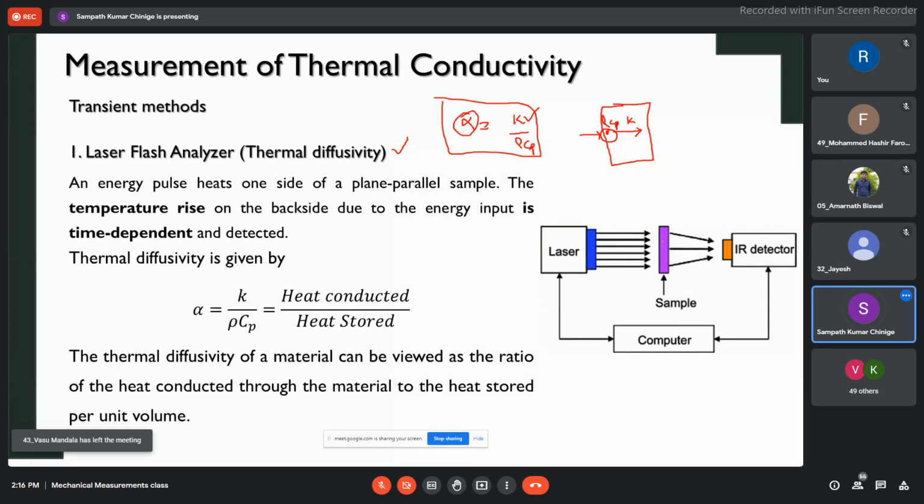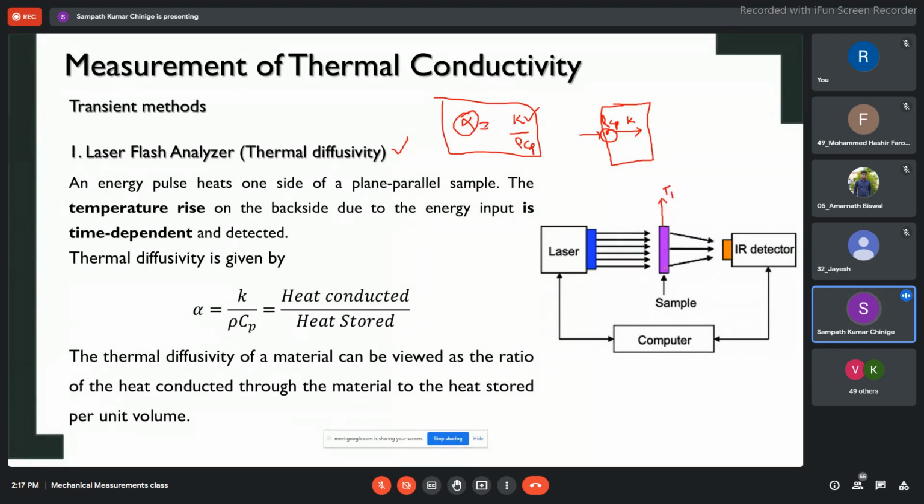So the heat starts to transfer to the other side, and with respect to time, we can keep an IR detector or a recorder on all sides. They keep it in a furnace so that it will be of uniform temperature.